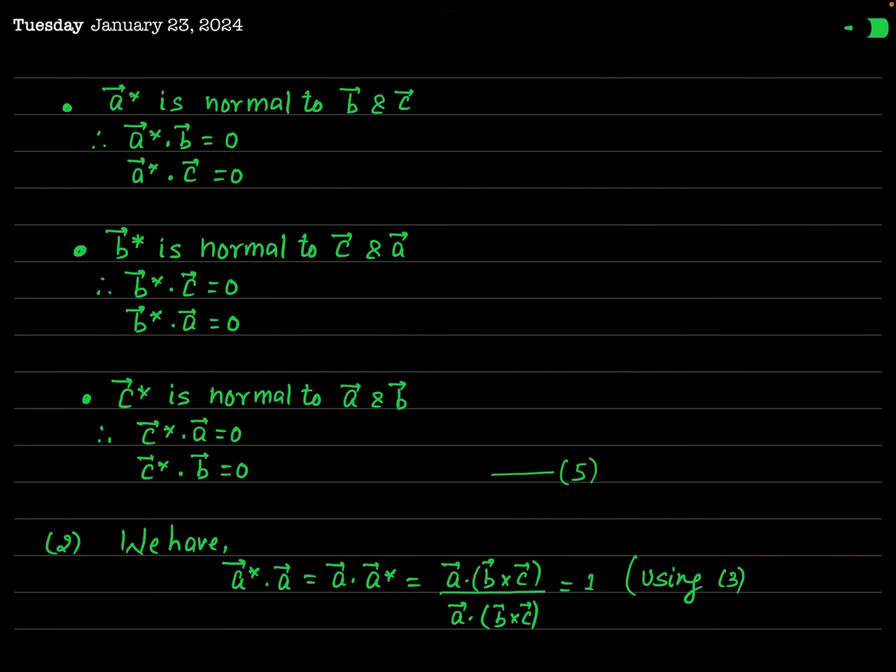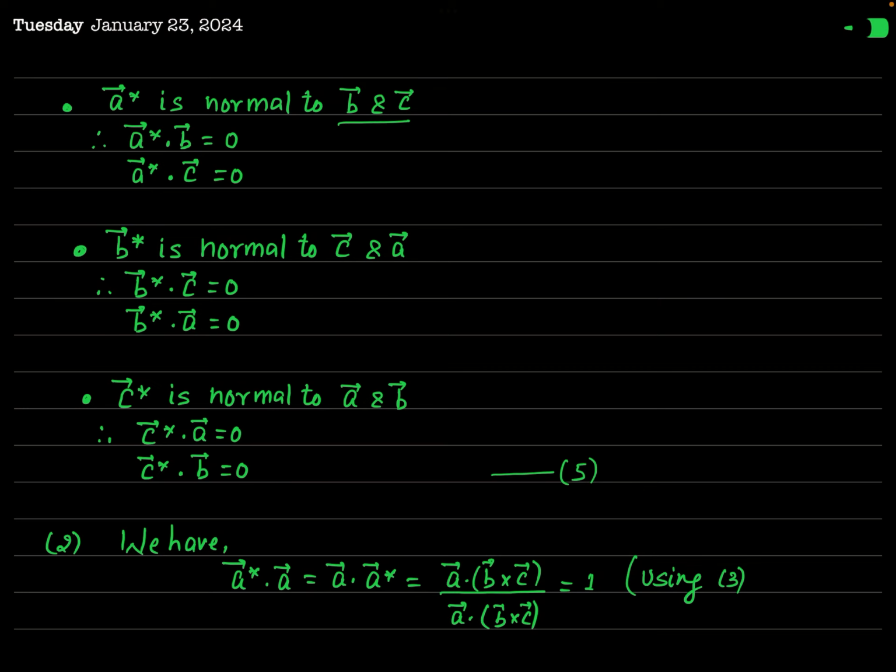So A star is normal to B and C, and you know the condition of orthogonality of vectors. If two vectors are orthogonal, that is, the angle between them is 90 degrees, then their dot product or scalar product is 0, because A dot B is AB cos theta, and when theta is 90, cos 90 is 0.